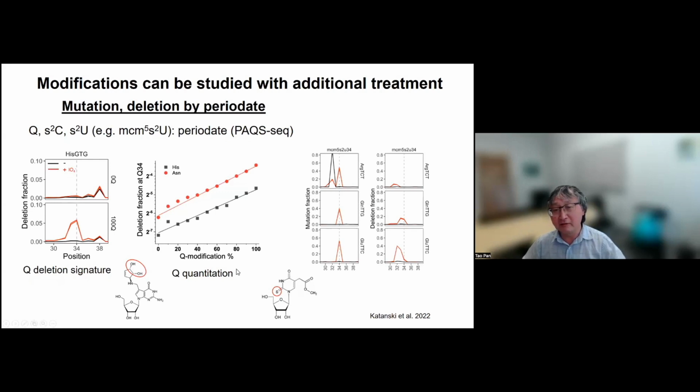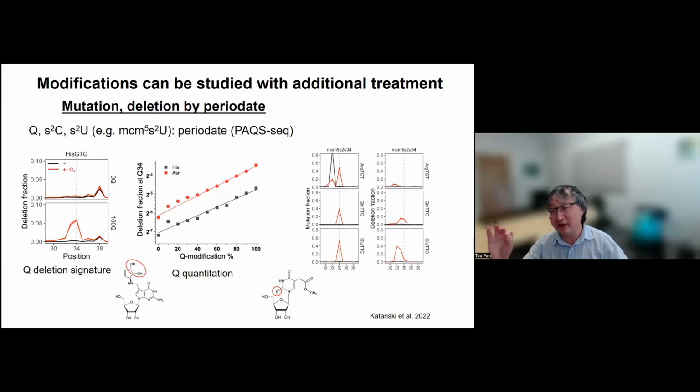One lesson we learned from this story is that when we measure tRNA modifications by mutation or deletion fractions, we're not necessarily measuring their absolute modification fraction. Rather, we're getting comparative modification information.